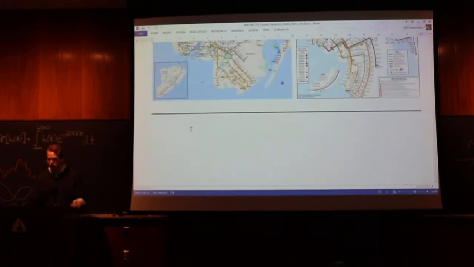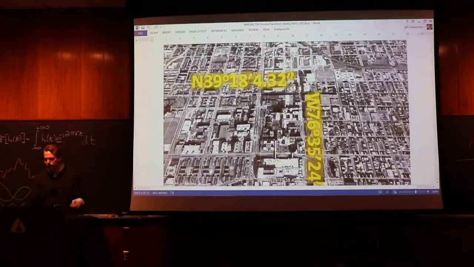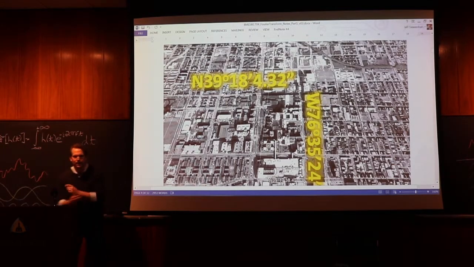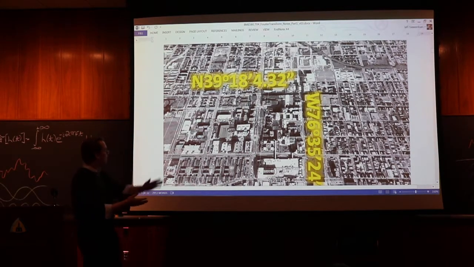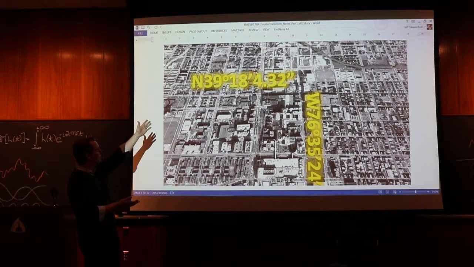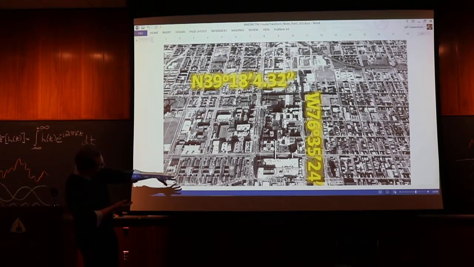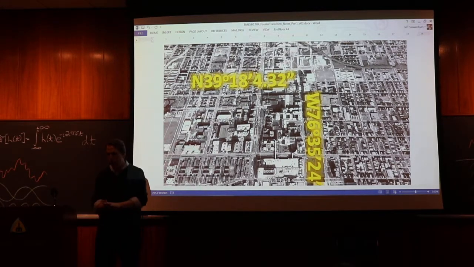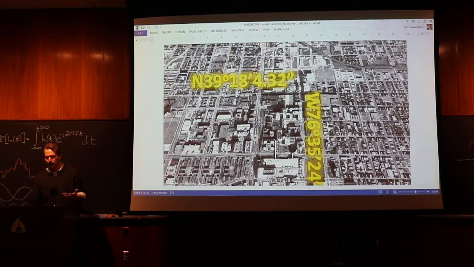Okay? Here, one more example. This is the simplest, but maybe actually the most analogous to the Fourier transform. If I told you to go to 39 degrees north, 18 minutes and 4 seconds, and 76 degrees west, 35 minutes and 24 seconds, you would say, well, okay, I can do that. That's a bit complicated, but I can get there.